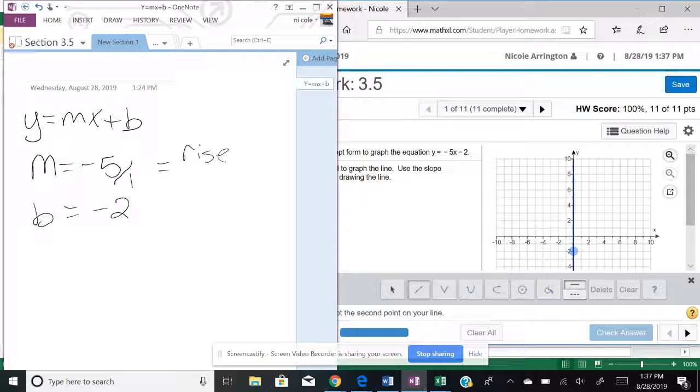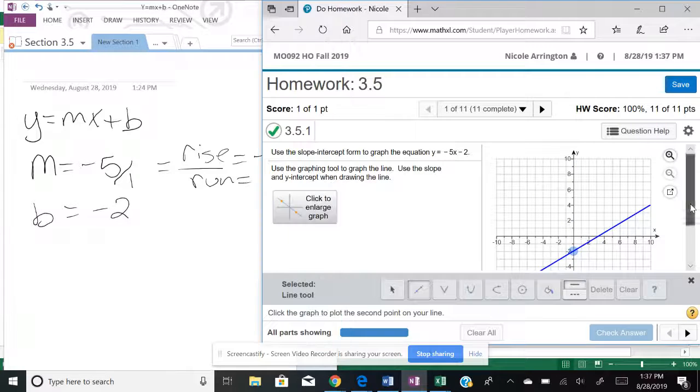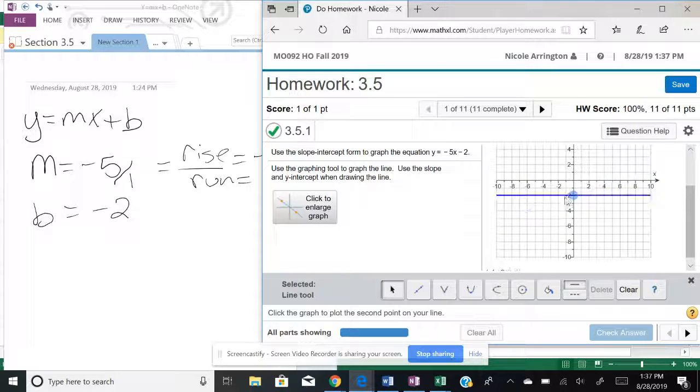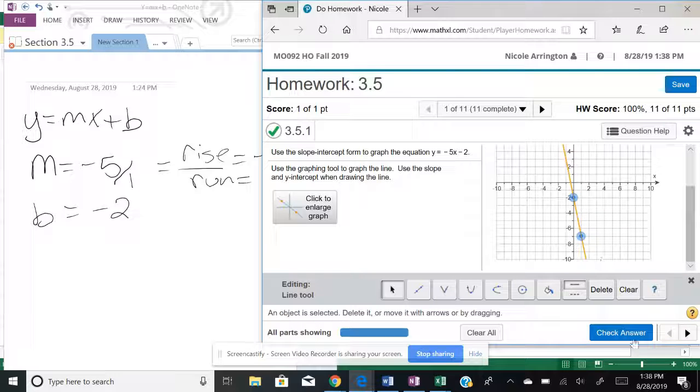My rise, I'm going to go up negative 5, and my run, I'm going to go over 1. So that means I'm going to rise negative 5, so I'm going to go down 5. 1, 2, 3, 4, 5, and then I'm going to go over positive 1. And then I get to check my answer.